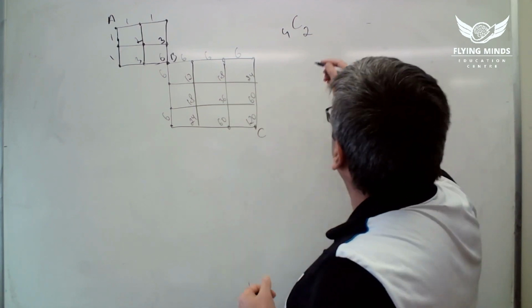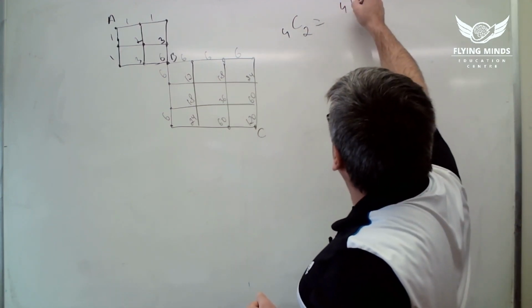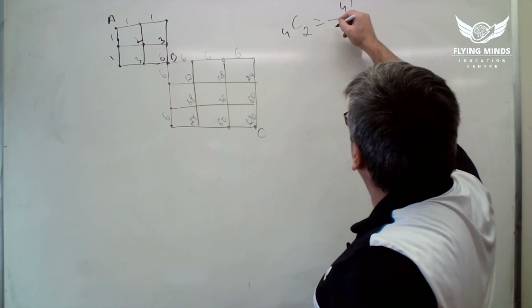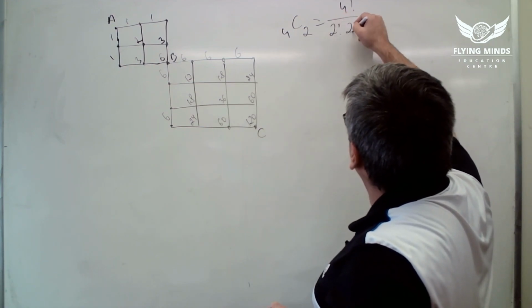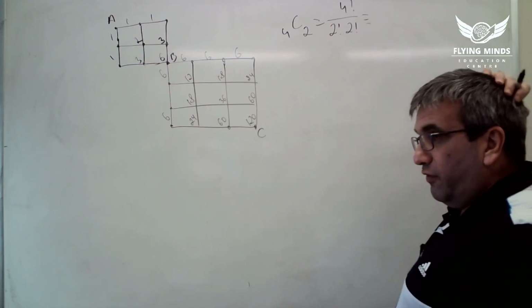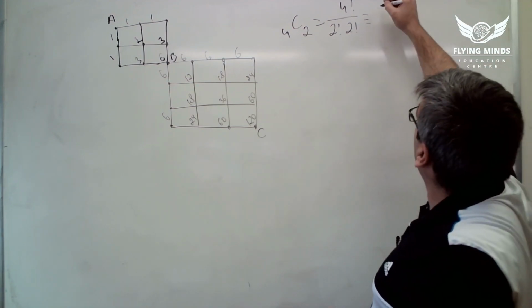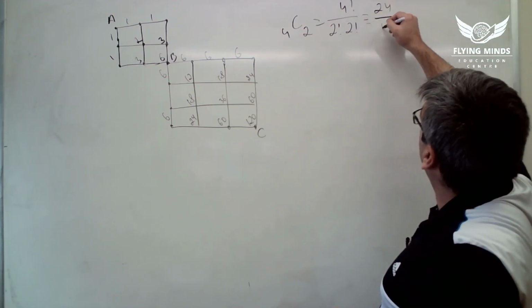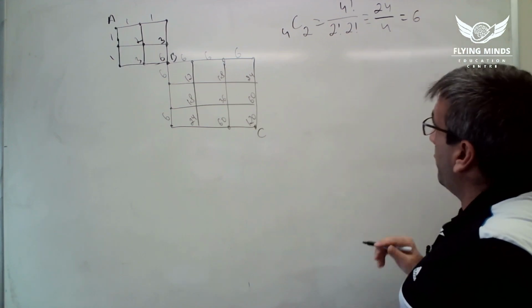So what do we get? We get 4 factorial over 2 factorial over 2 factorial, and 4 factorial is 24 over 4, we get 6.